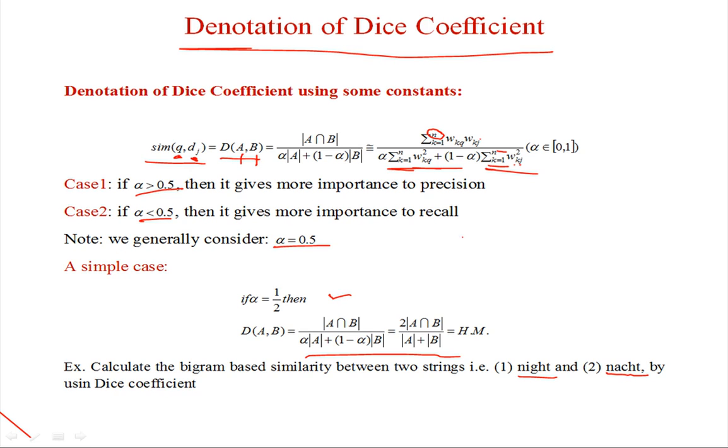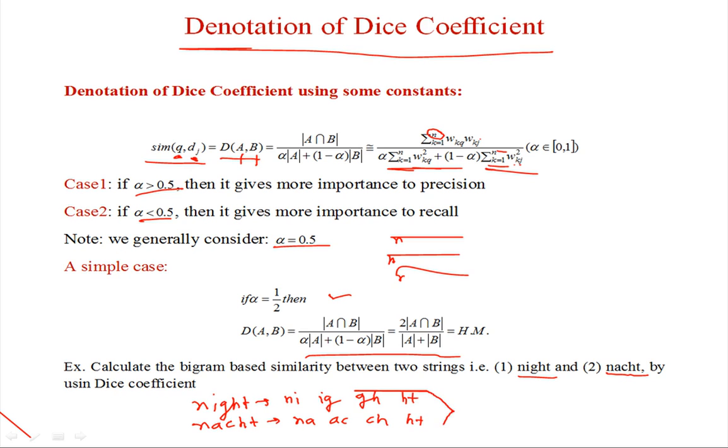For example, night can be written as the bigrams NI, IG, GH and HT. Now the second, nacht, can be written as the bigrams NA, AC, CH and HT.